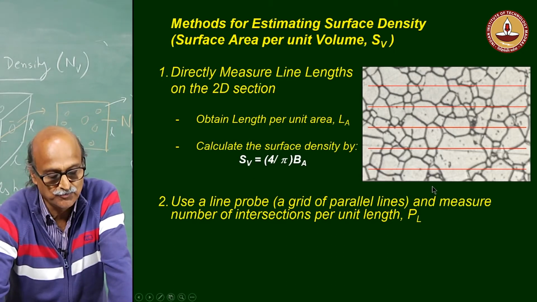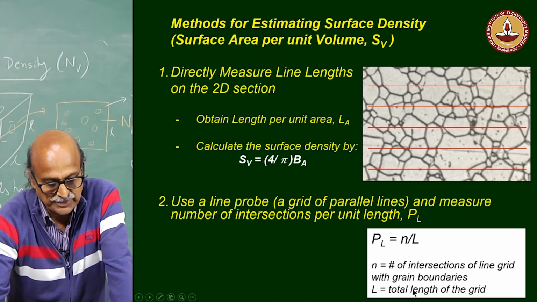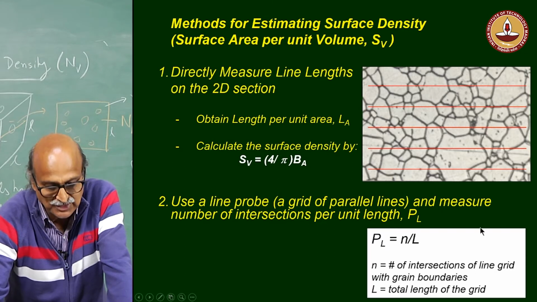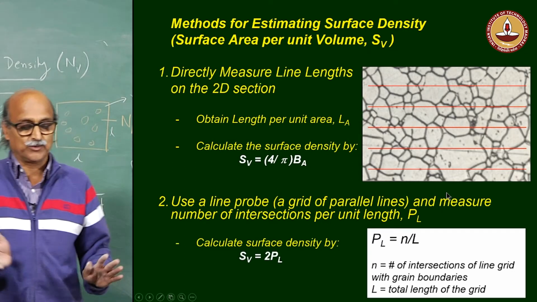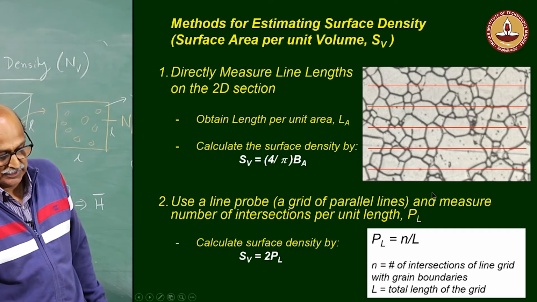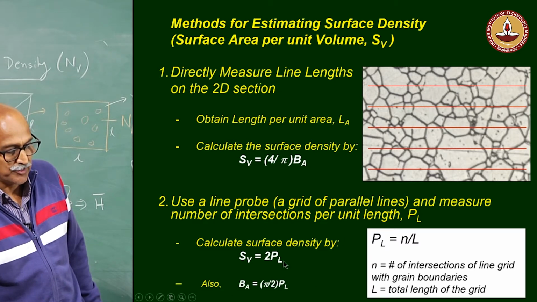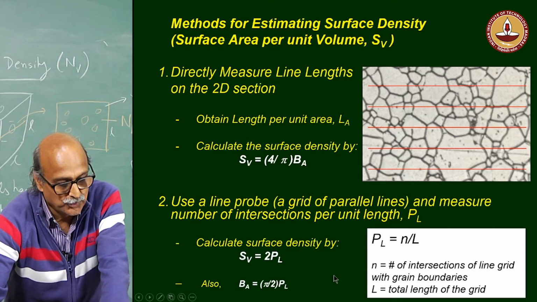You have seen how we can do that, where L is the capital L is the total length of the grid, N is the number of intersections of the line grid with the grain boundaries, and you can calculate the surface density SV as 2 times PL. And also we have seen that boundary length per unit area is pi by 2 times PL.